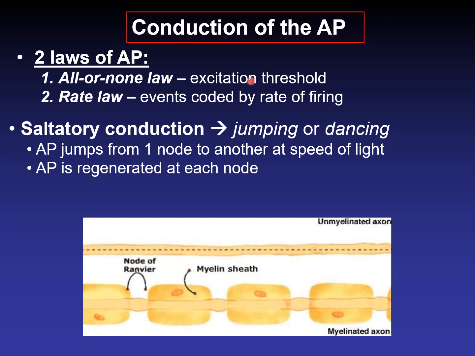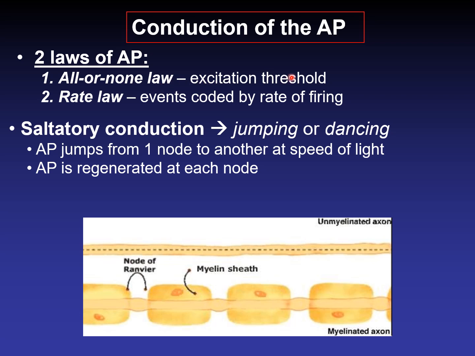Not only that, but when you do get an action potential, it's always going to be of the same size. It's always going to go up to approximately positive 40 millivolts. There's no such thing as a weak action potential or a strong action potential. They're always the same size, hence the all or none law. You either get all the action potential or you get none of the action potential, nothing in between.